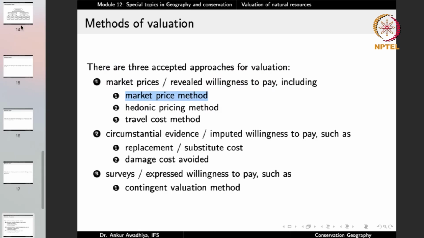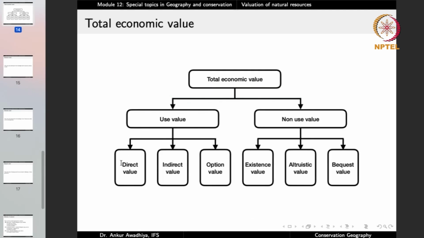Now, in this case, we normally use it for those things that are being sold in the market, things like the direct value. So if you have a forest and the forest is providing you with timber, and this timber is being sold in the market, you can ask the question, what is the value of that timber that this forest is providing to us every year?